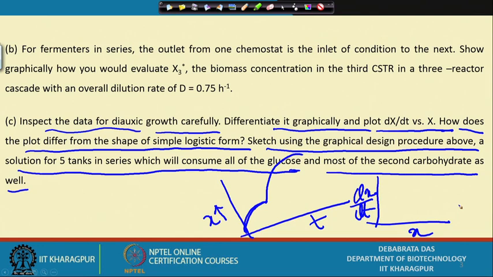That we shall have to find out, and then we shall have to find graphically under what circumstances, if we use 5 tanks in series, it consumes not only the first carbon source, but also the second carbon source.